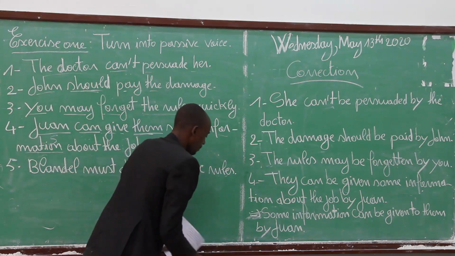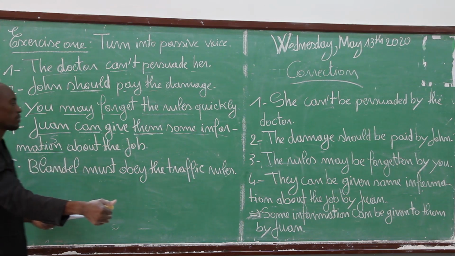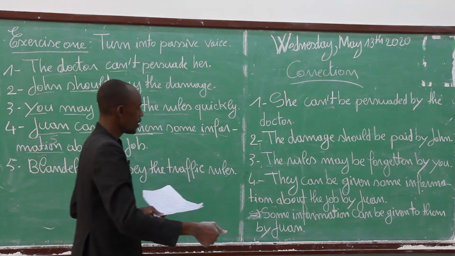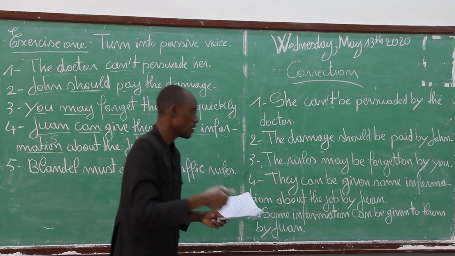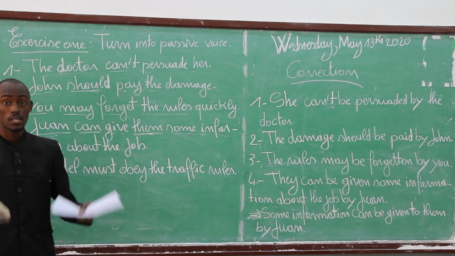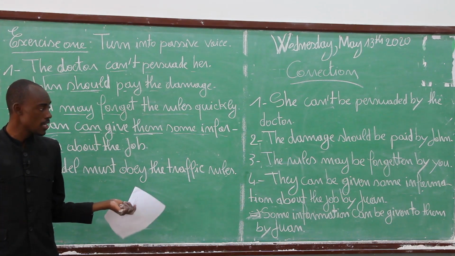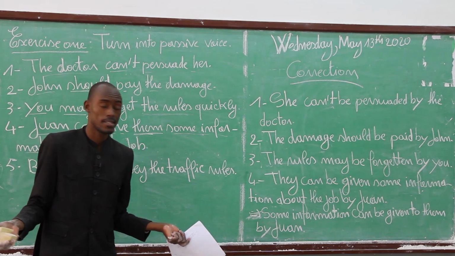Yes, this is the second possibility. We have the first possibility: they can be given some information about the job by Joan, or some information about job can be given to them by Joan.